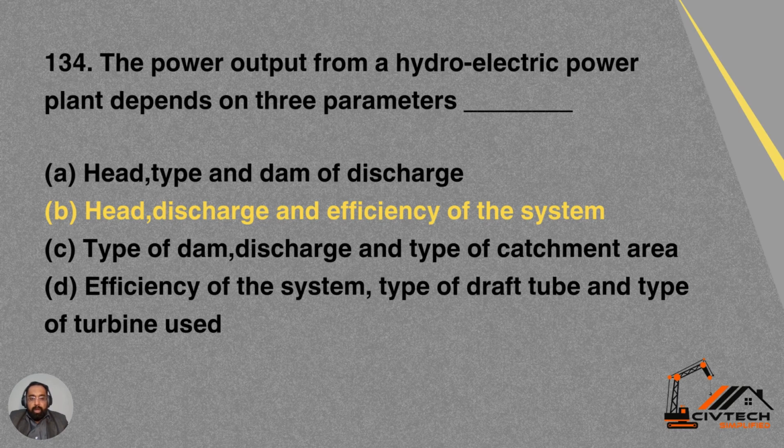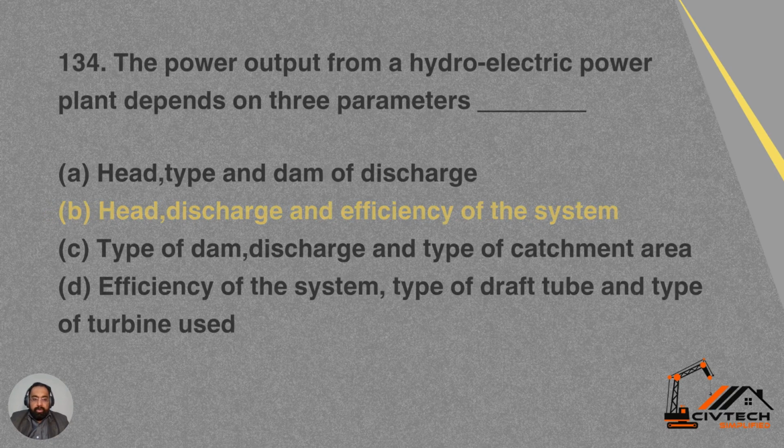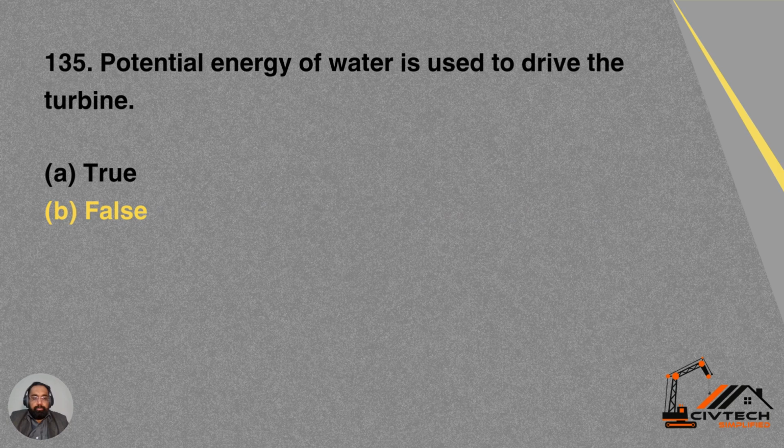Option D, efficiency of system, type of draft tube, and type of turbine used. So the power output from a hydroelectric power plant depends on three parameters. The first one is head, the second one is discharge, and the third one is efficiency of the system. So B is the correct answer for this question.